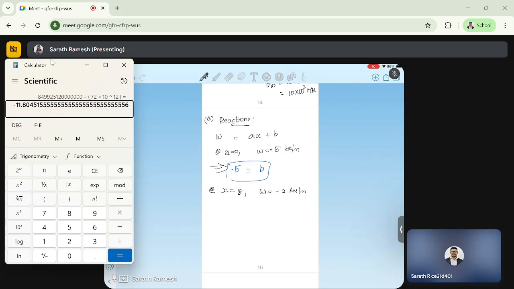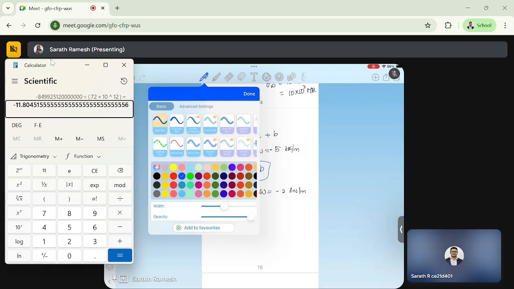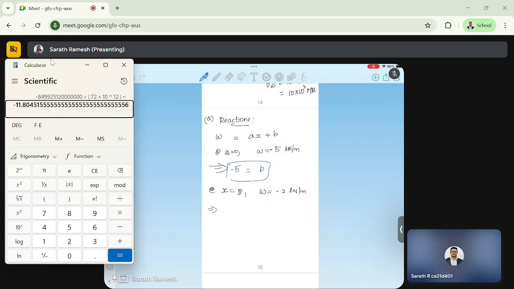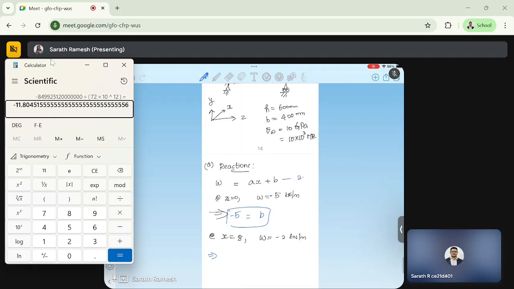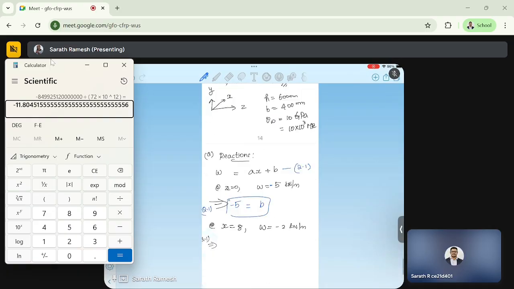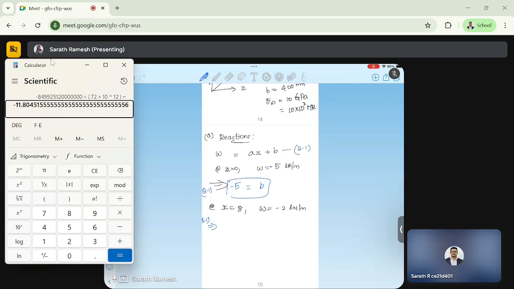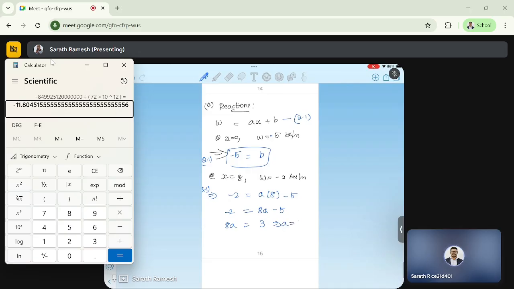So this implies, this equation number 2.1, that implies minus 2 equal to A into 8 minus 5. 8A minus 5 equal to minus 2. 8A equal to 3. Okay, so A equal to 3 by 8.